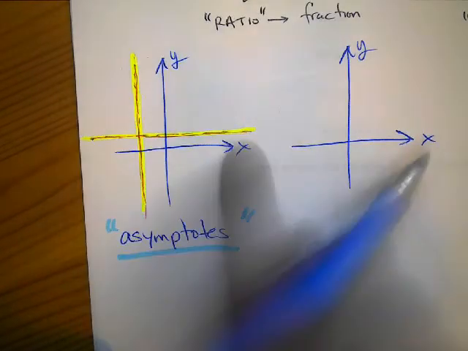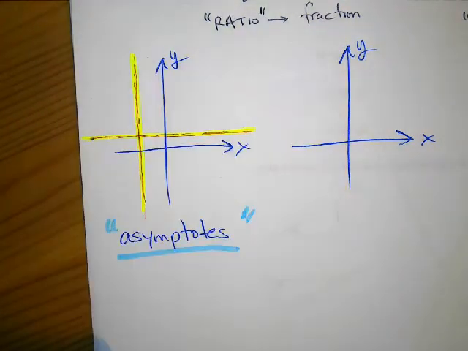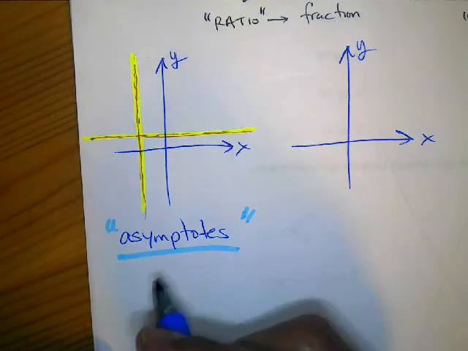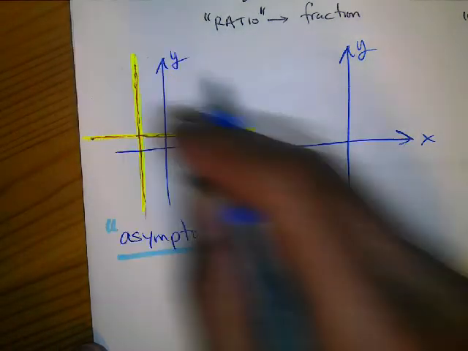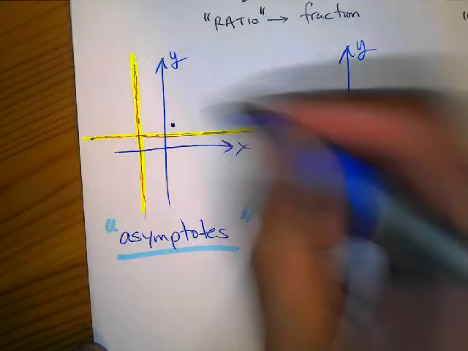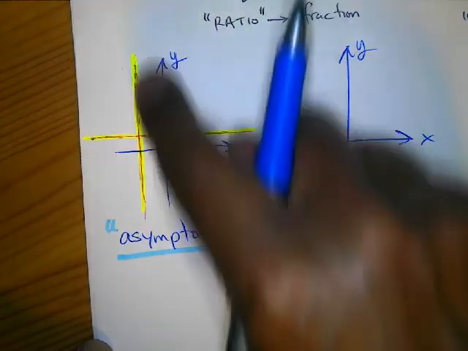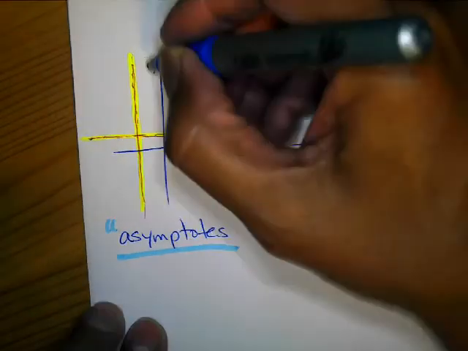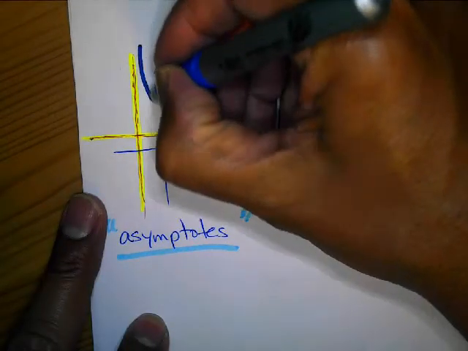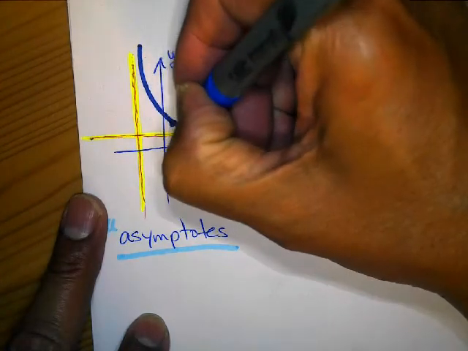So this is what's going to happen. You're going to have these asymptotes, and once you have them, if you determine that a point is in this upper quadrant of the asymptotes, then the graph is going to go like this, and it's going to go through that point.